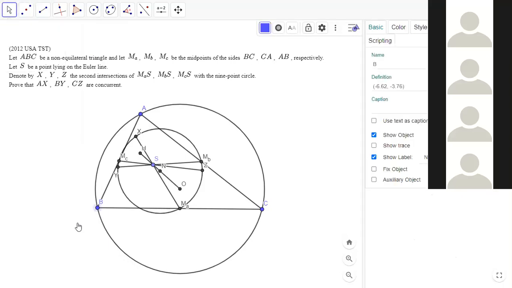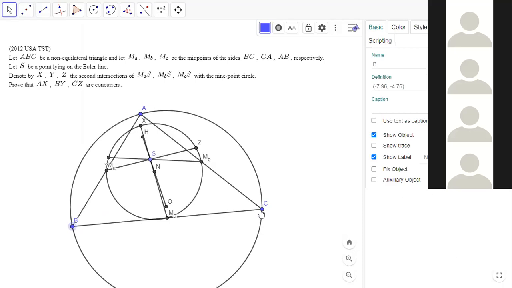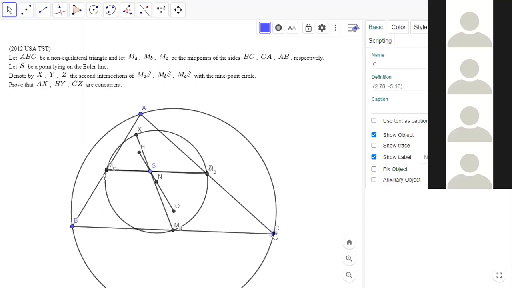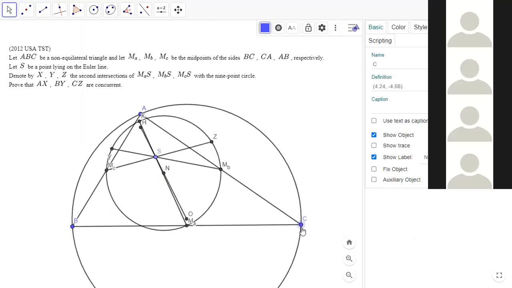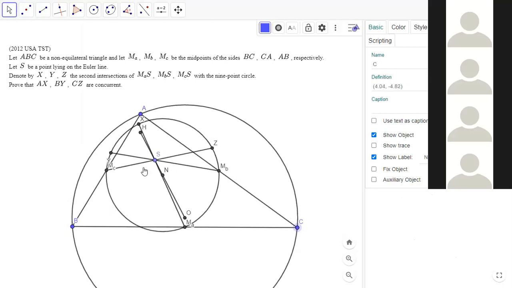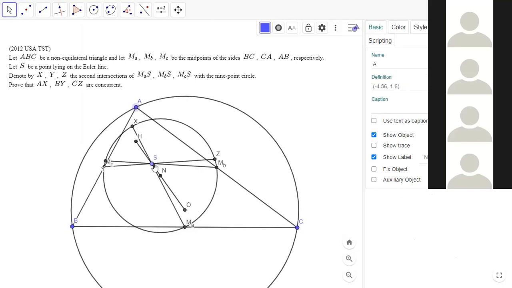All right. That sends the circumcircle to the 9-point circle. All right. Hold on just a second. That looks a little better, maybe.